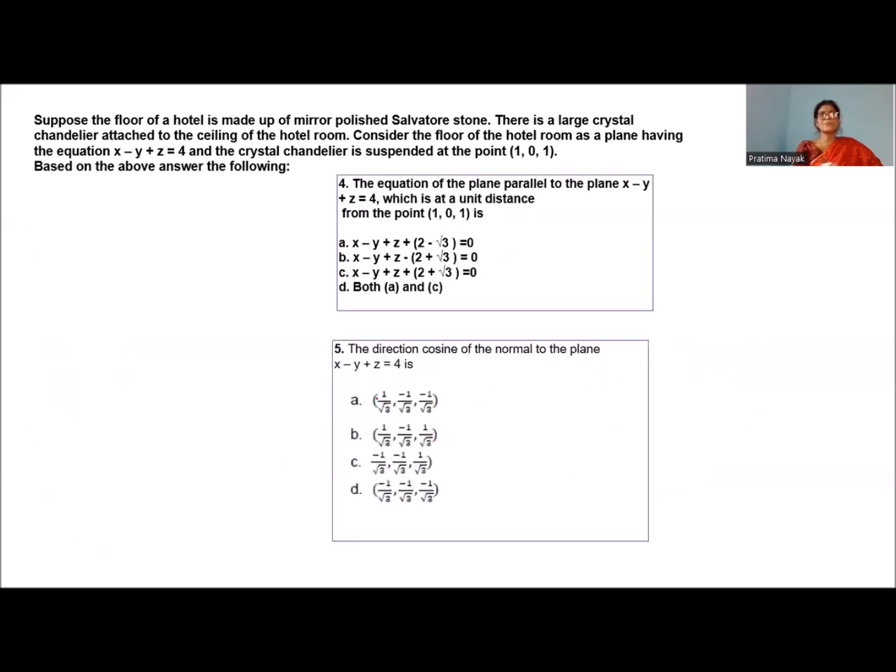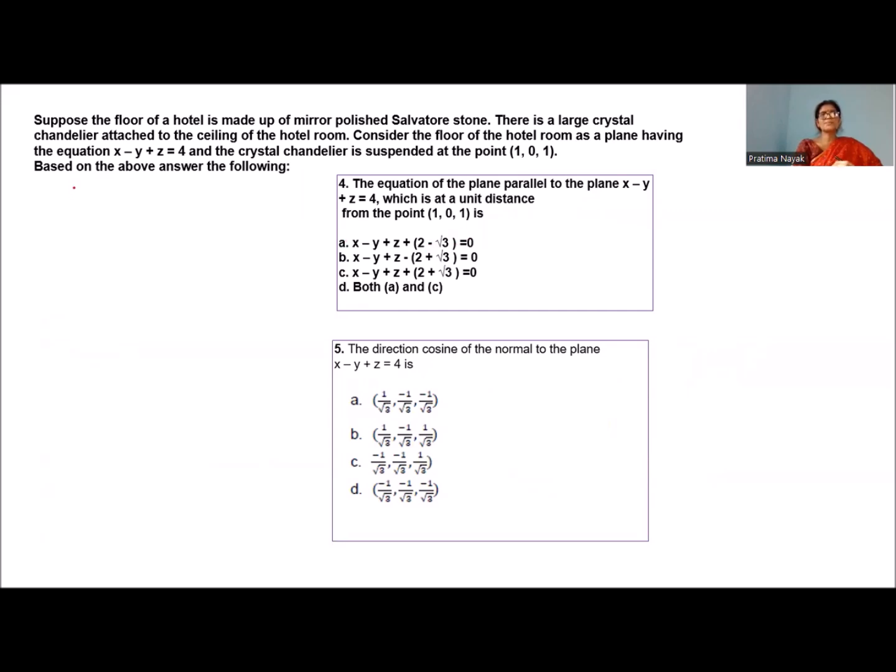Coming to question 4. The equation of the plane parallel to the plane x minus y plus z is equal to 4, which is at a unit distance from the point (1, 0, 1).